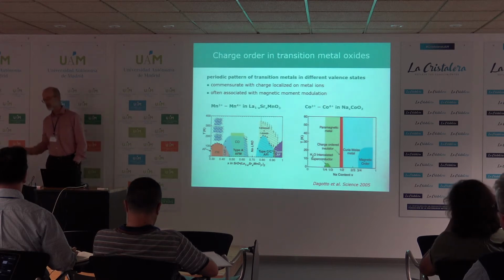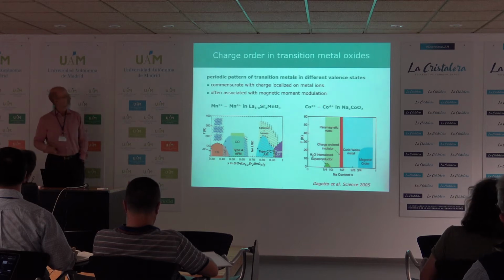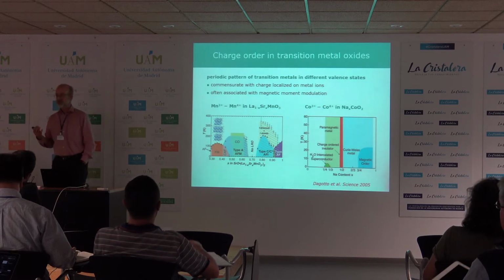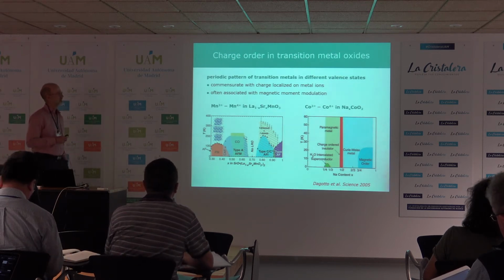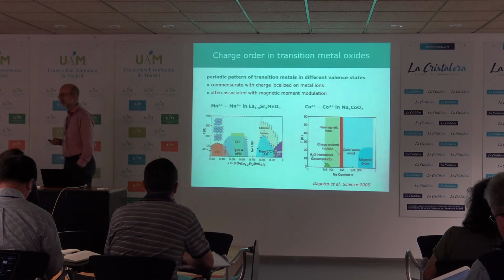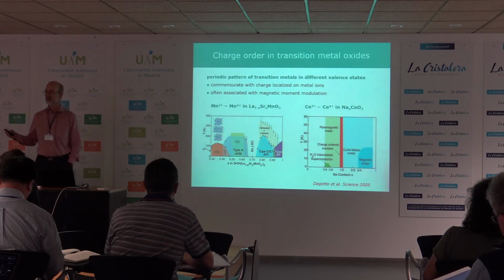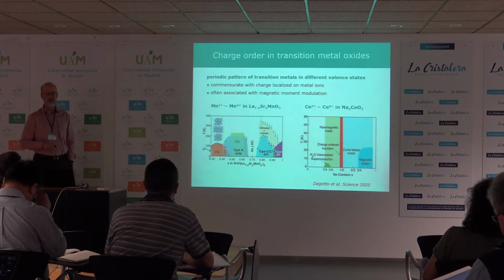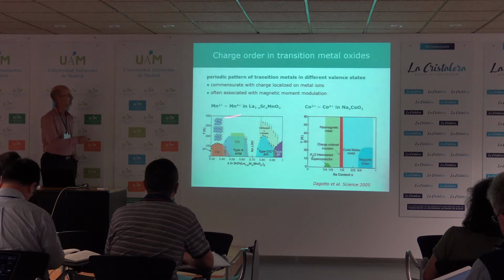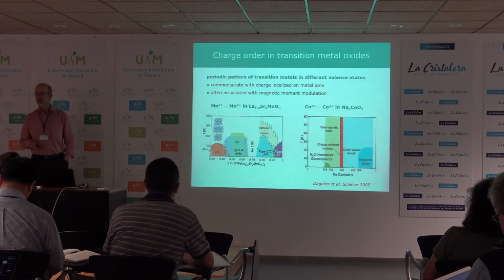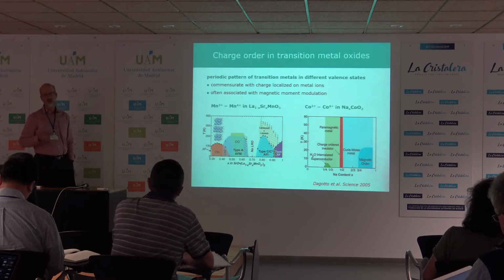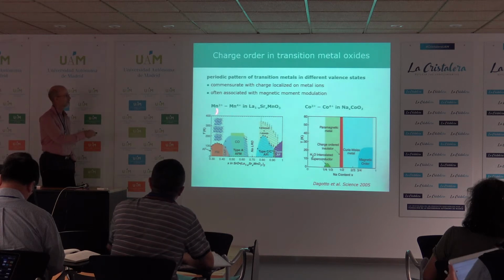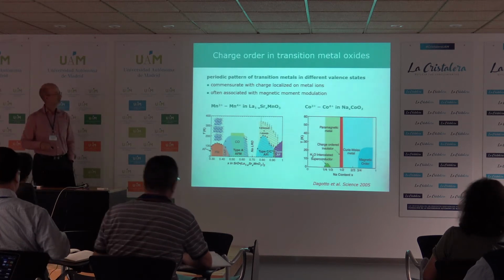In the opposite extreme, the opposite paradigm, you're looking at transition metal oxides where the charge is localized on particular metal ions, and there are a lot of transition metals that are stable in different valence states. We have listed two. Most prominent is perhaps the manganites, where you have stable 3+ and 4+ ions, and you have compounds based exclusively on 3+ and 4+ valence states.